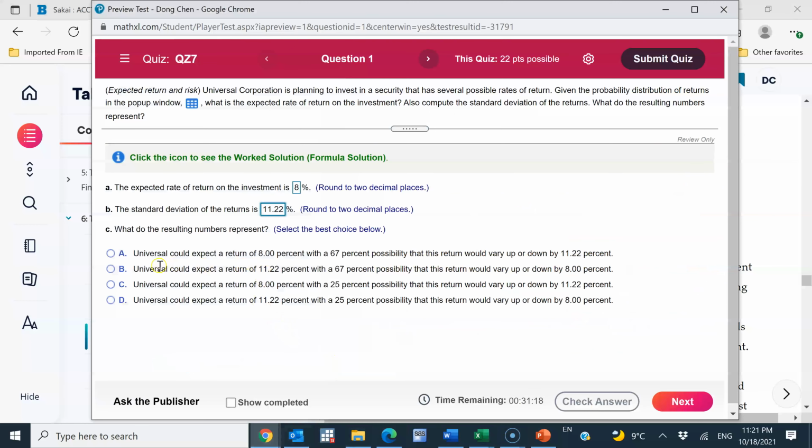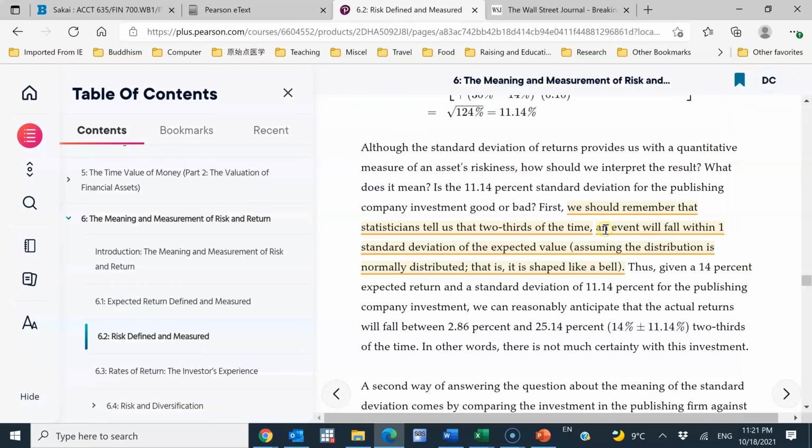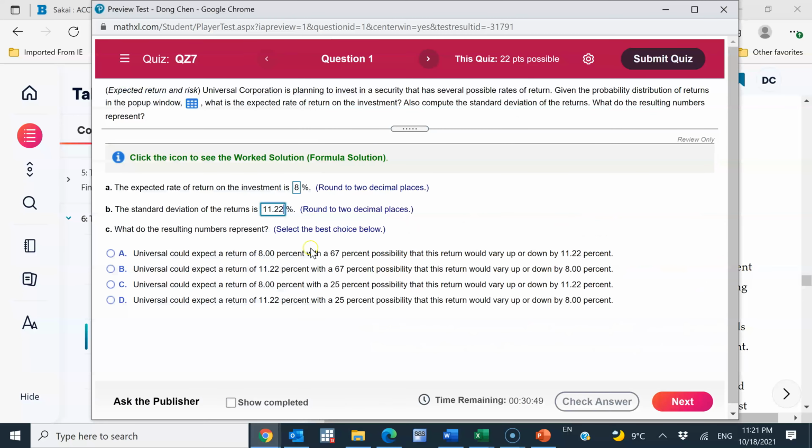And with that knowledge, we just check which of these four choices match that interpretation. Universal could expect a return of 8% with a 67% possibility that this return would vary up or down by 11.22%. I believe this is exactly what the paragraph tells us, right? Because this 8% is like the mean of the distribution, and 11.22% is like the standard deviation of the distribution.